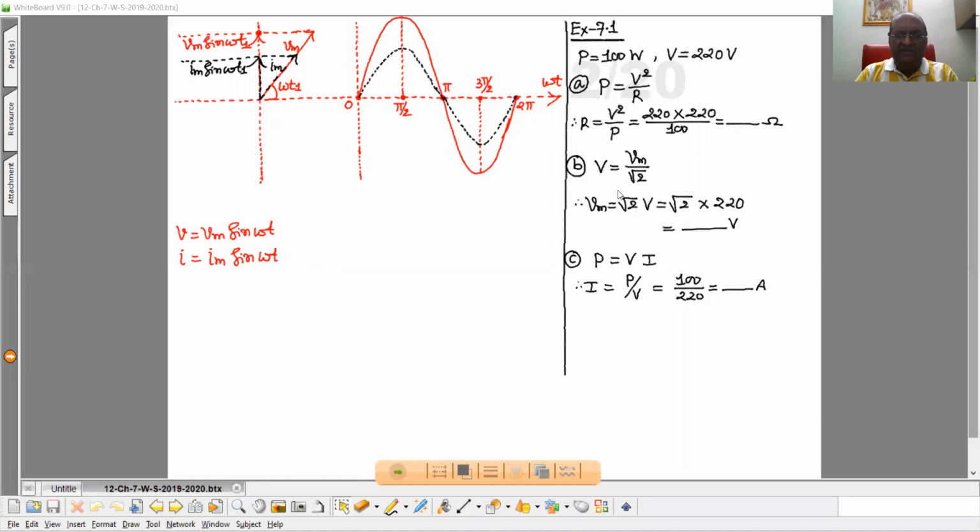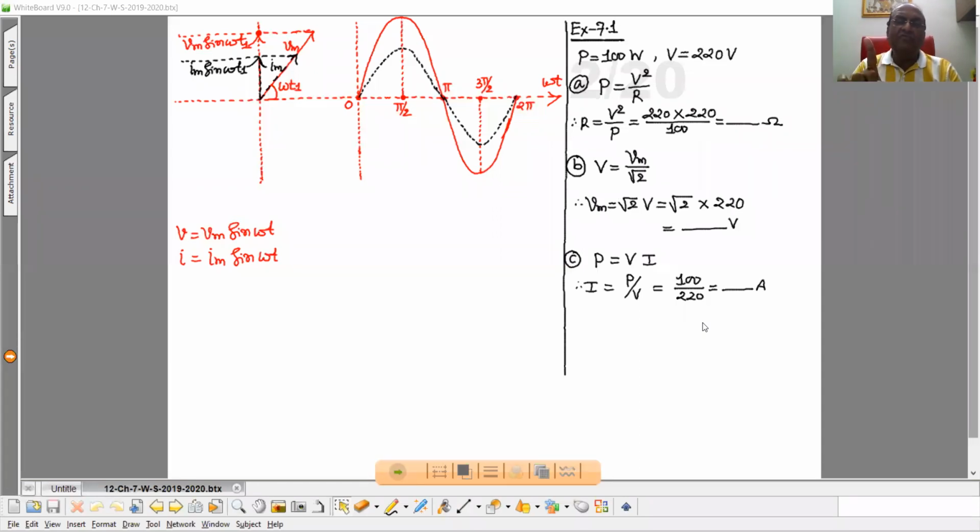Now here always remember one thing. Whenever in general the voltage or the current is given to you, just like here the voltage rating, or sometimes they give you the supply voltage is this much, in this manner, whenever the voltage or current is given to you, it is always RMS or effective.